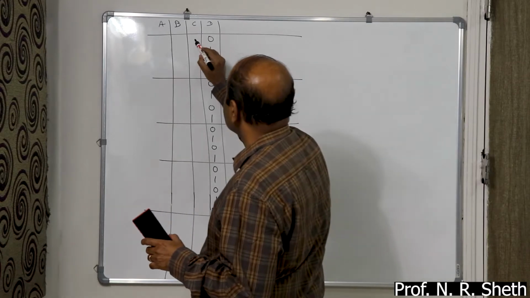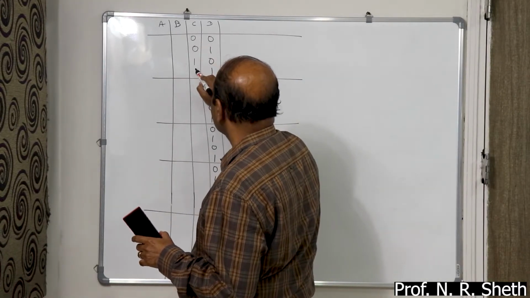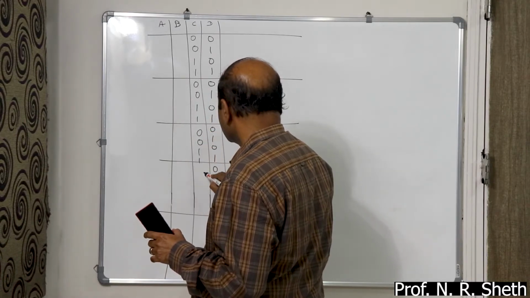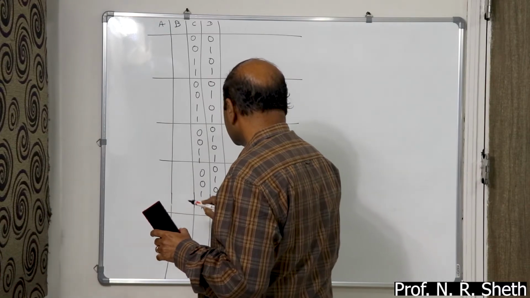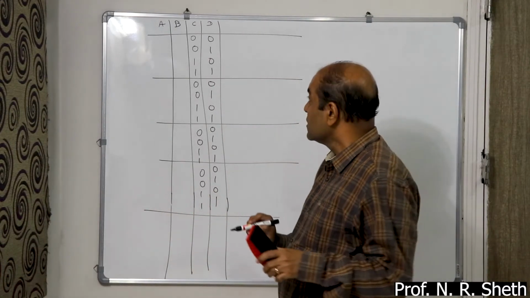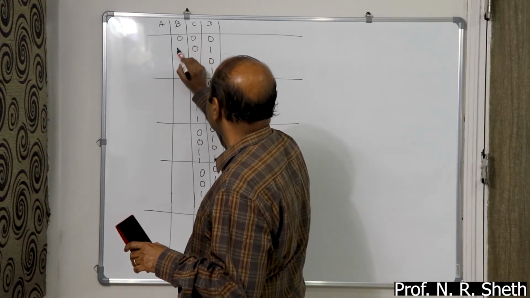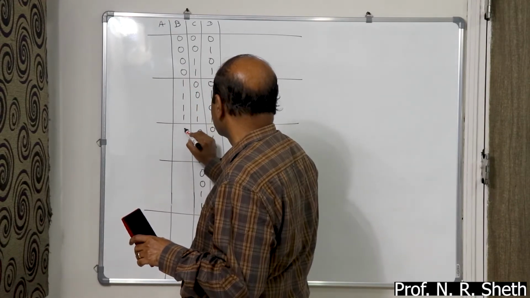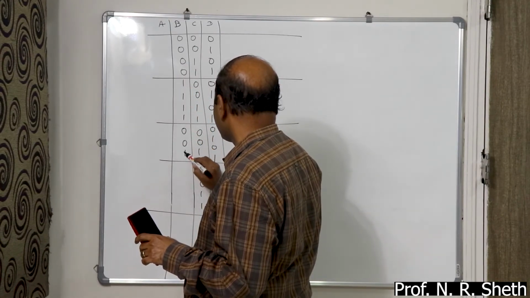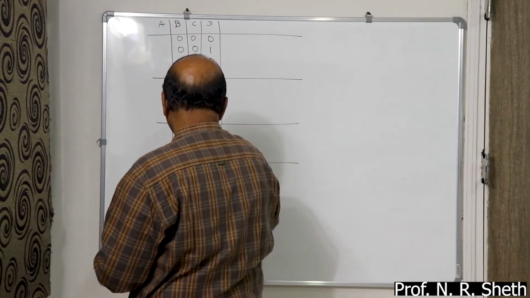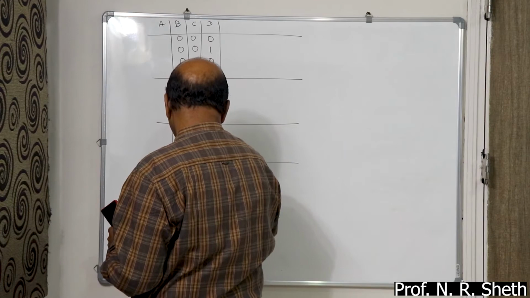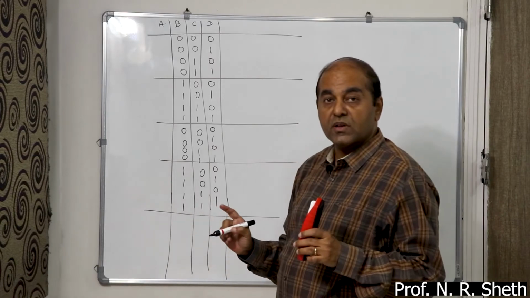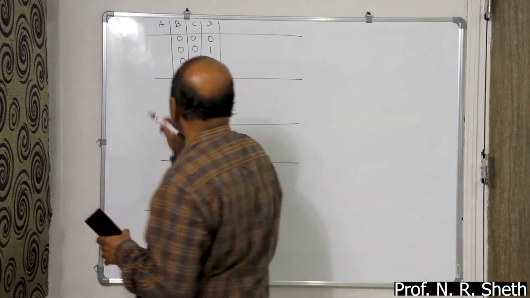Now next, 0, 0, 1, 1, 0, 0, 1. Next, 4 times 0, 4 times 1. And the last one, 8 times 0, 8 times 1.